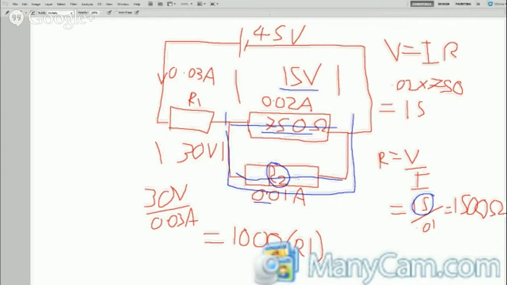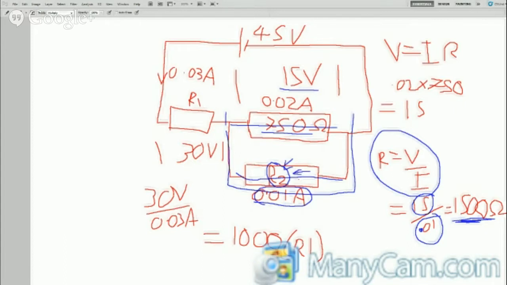We know the current is 0.01 amps, so when we do 15 divided by 0.01 using Ohm's law, we get 1500 ohms for R2.